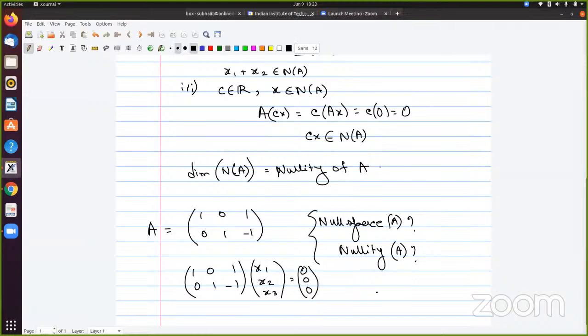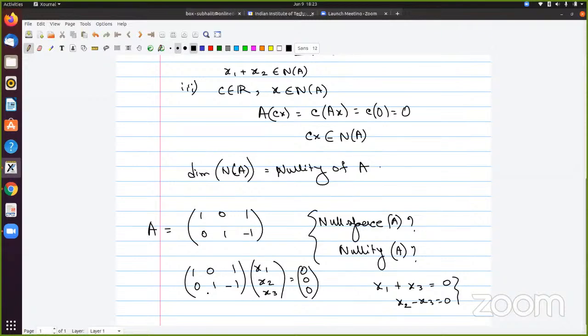So x1 plus x3 equal to 0, and x2 minus x3 equal to 0. Correct? It is already in row reduced echelon form.